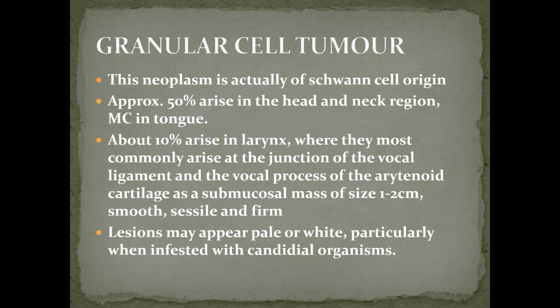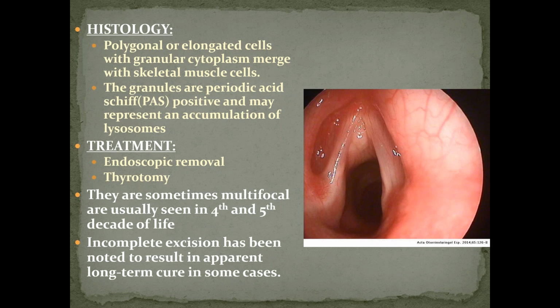About 10% arise in the larynx, where they most commonly arise at the junction of the vocal ligament and the vocal process of the arytenoid cartilage, as a submucosal mass of approximately 1 to 2 centimeters. It is smooth in appearance, sessile, and firm in consistency. The lesion may appear pale or white on examination, particularly when infested with candidal lesion.